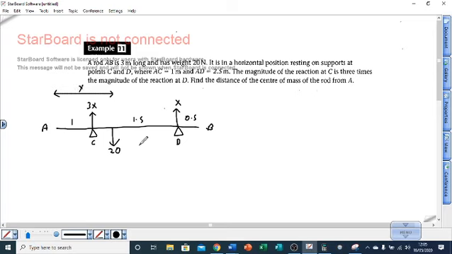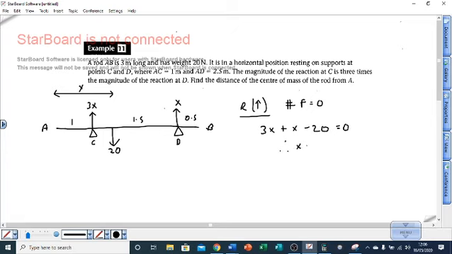Okay, right. So I can resolve vertically for a start to find out what x is. So resolve vertically using net forces equals 0, and I end up with 3x plus x minus 20 is equal to 0.